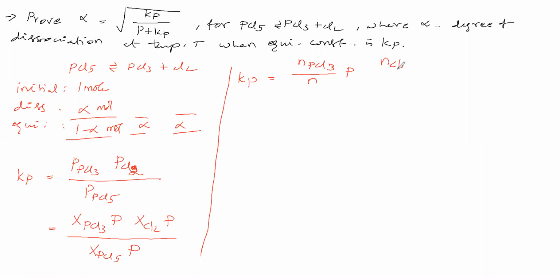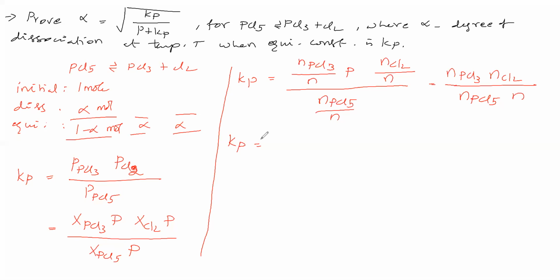Mole fraction of Cl2 is number of moles of Cl2 by total number of moles. Mole fraction of PCl5 is number of moles of PCl5 by total number of moles. This equals number of moles of PCl3 times number of moles of Cl2 by number of moles of PCl5 into total number of moles.